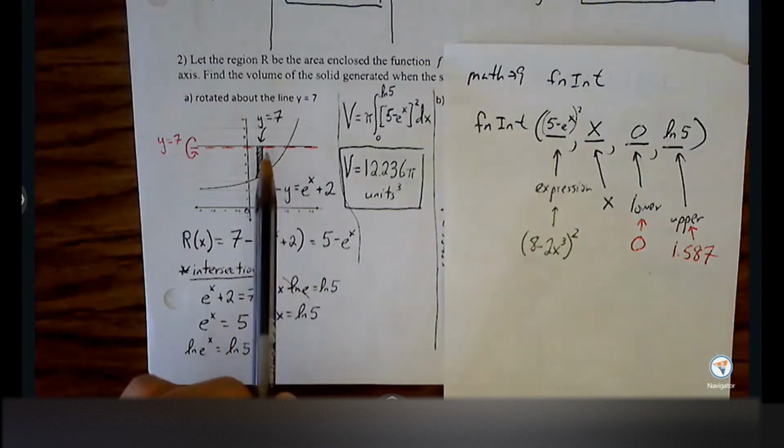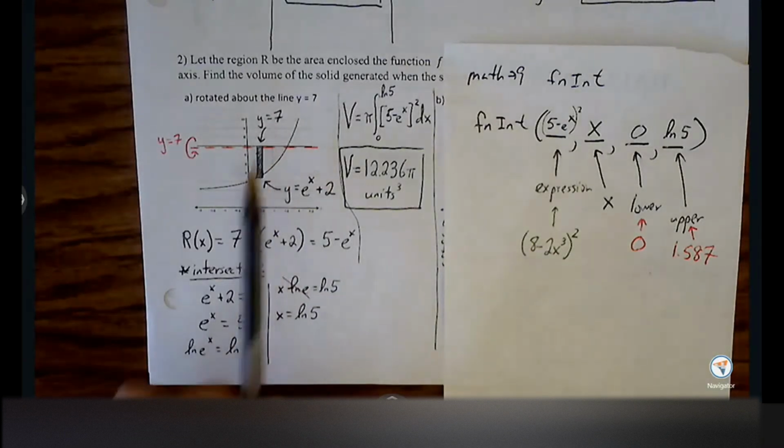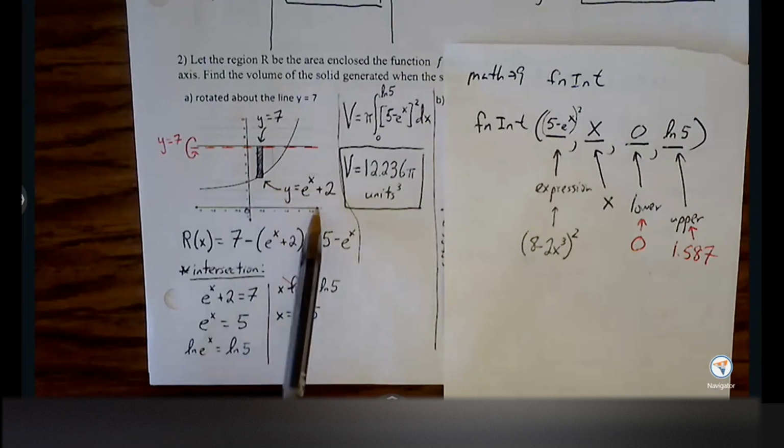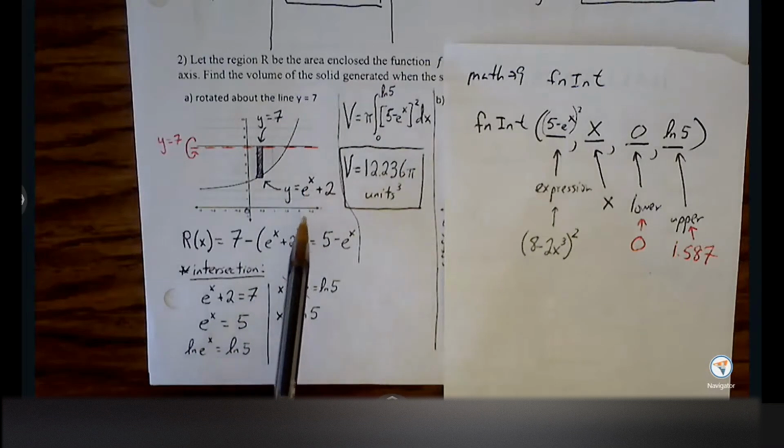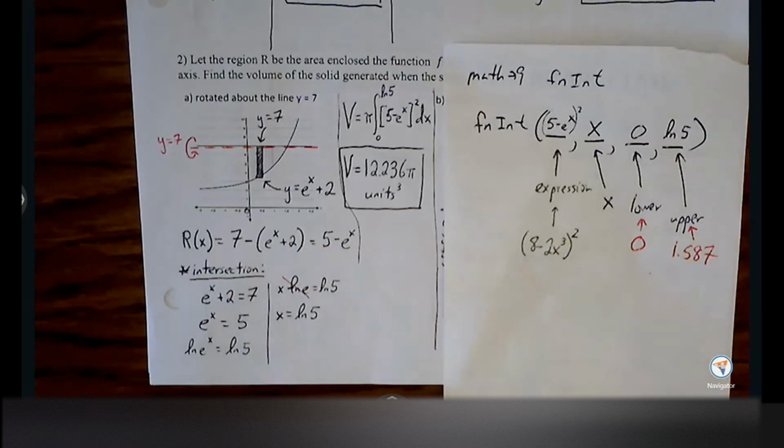So the top of the radius is sitting at the horizontal line, which is the 7. The bottom of the radius is sitting at the curve, which is e to the x plus 2. So then we do top minus bottom. Okay, what do we have to be careful about when you do your radius? Okay, the bottom function requires a what?